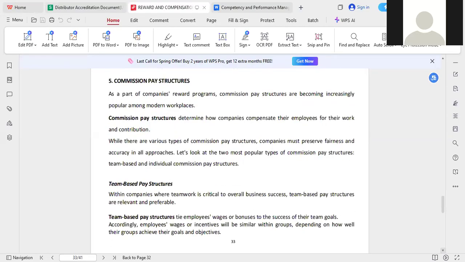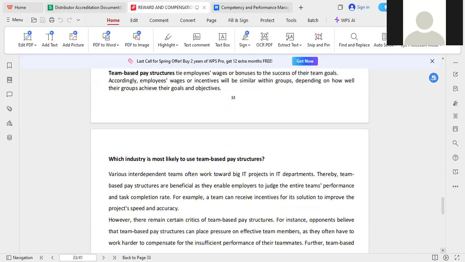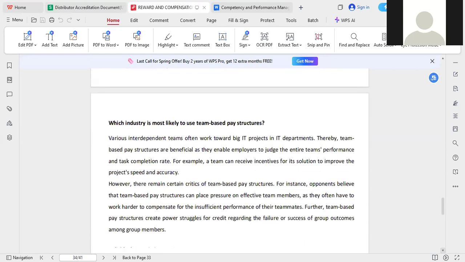Okay, so then we have the commission pay structure. I think yesterday we were able to look at something related to this, where we talked about commission and all of those things in terms of payment. So you have team-based pay structures. Okay, which industry is most likely to use a team-based structure?